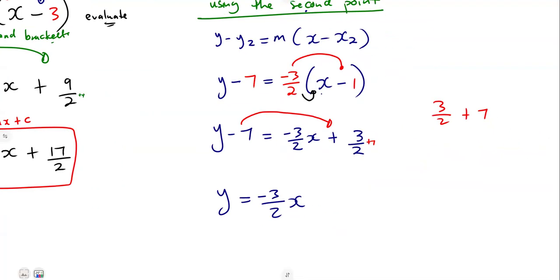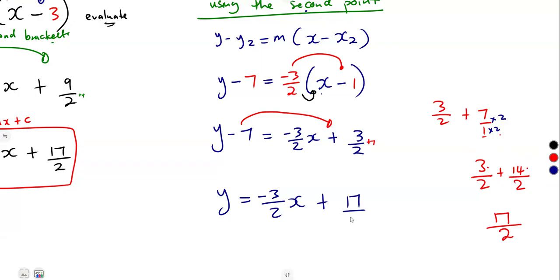7 is a whole number, so as a fraction here, we can have it as 7 over 1. So with the denominator of 2, multiply by 2 by 2. So that's 14 over 2. So you can simply add 3 plus 14, that's 17 over the same denominator 2. So that's 17 over 2.